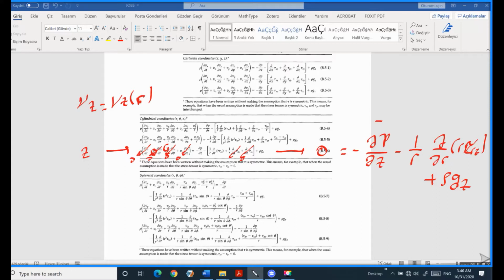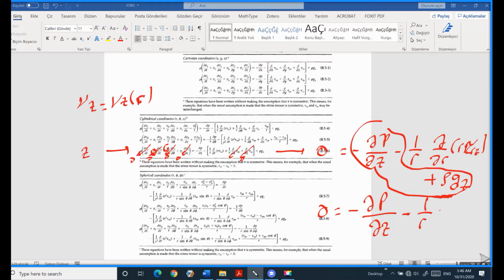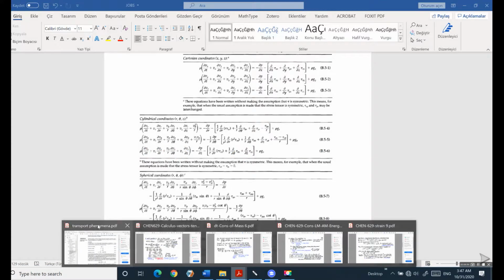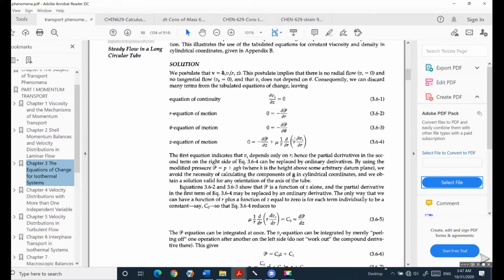So again, if you combine these two terms together, then we obtain minus the partial derivative of big P with respect to z minus 1 over r partial derivative of this r and r z. So this is the result in the z direction.